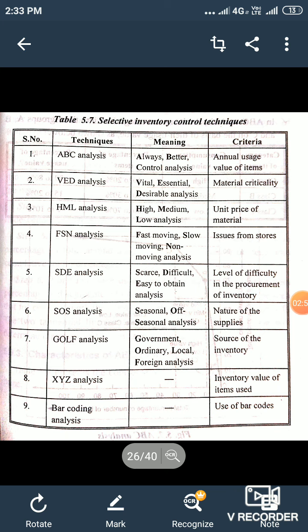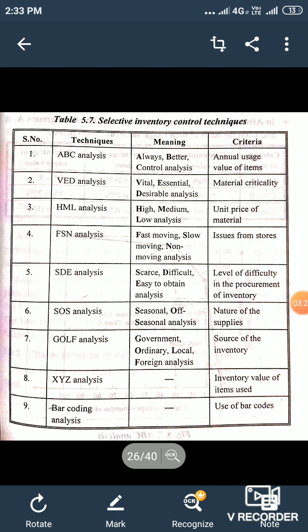Next, HML analysis. It is based on the unit price of the material. In this, items are grouped as high, medium, and low unit price items.